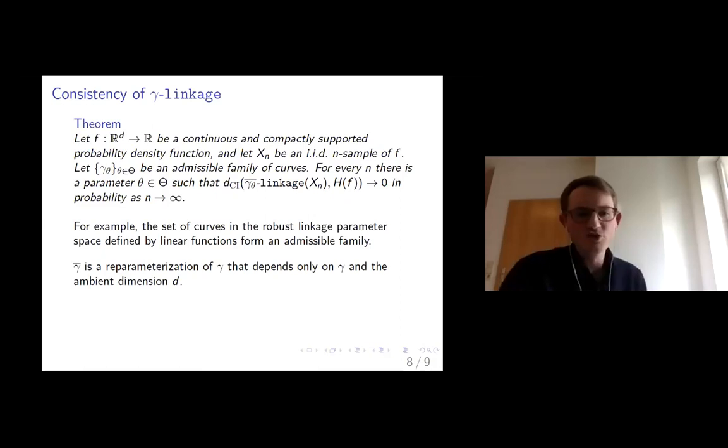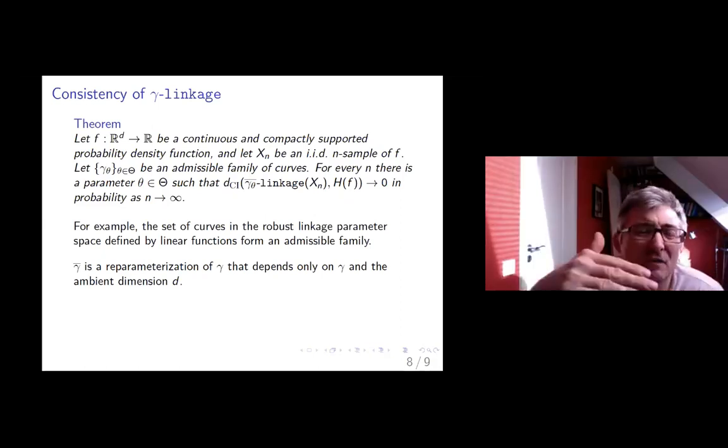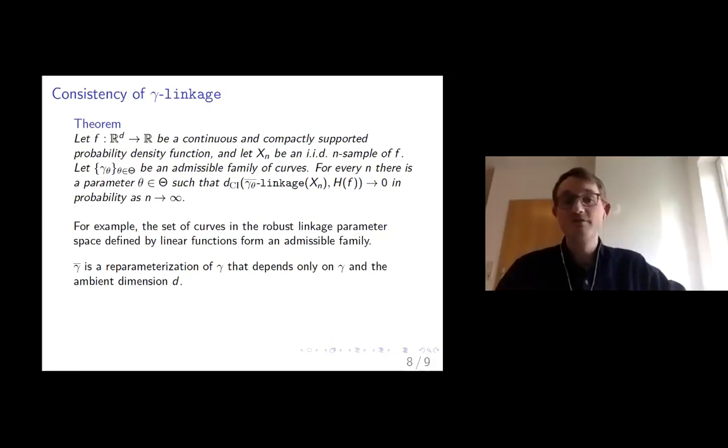Oh, right. Well, this parameter is really just a choice of, I haven't said what capital Theta is. It's a choice of this flattening, a choice of the curve.